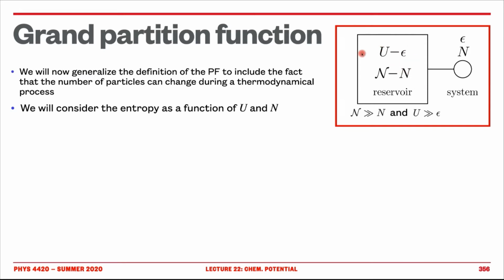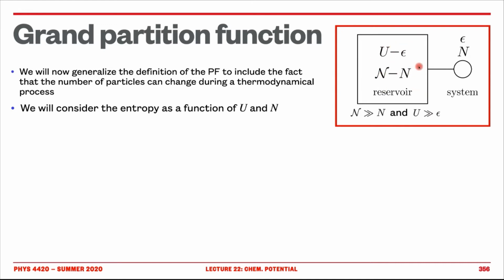But in this ensemble that we're considering, it also applies to the number of particles. So let me repeat this. A reservoir that we've seen before, a heat bath, was a system for which even if you remove some heat from it or add heat to it, the temperature does not change. And likewise, the number of particles in the reservoir is so large that when we add to it or remove from it, it makes no change to the system itself.